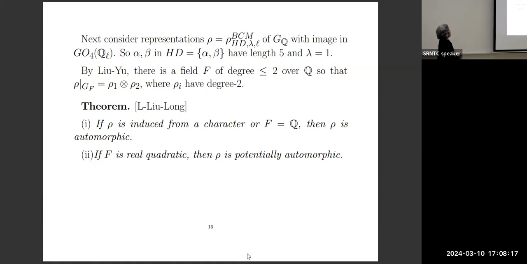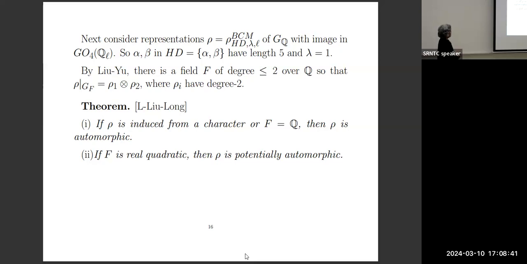Then Tong Liu and Jku have shown that there is a field which is either Q or a quadratic extension of Q. When we restrict rho to that Galois group, it decomposes as a tensor of two degree 2 representations.